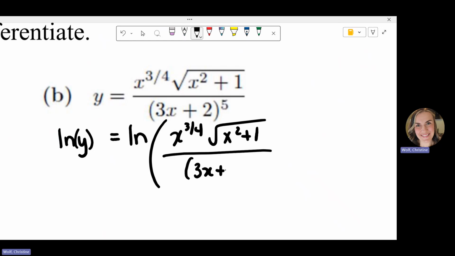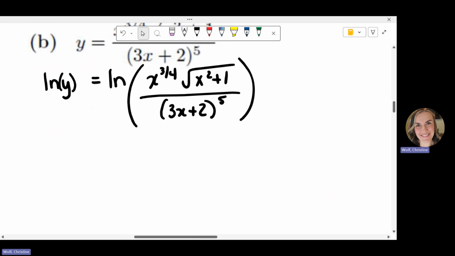You're just writing an ln on both sides. Okay. So once you take the natural log of both sides, you are in the log law world.